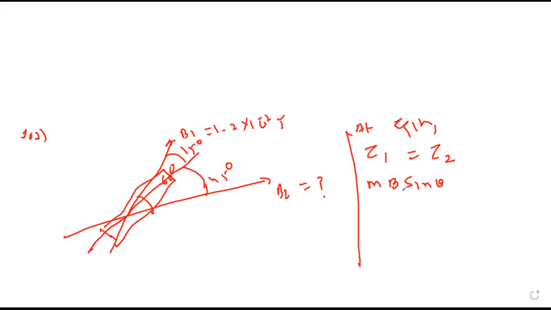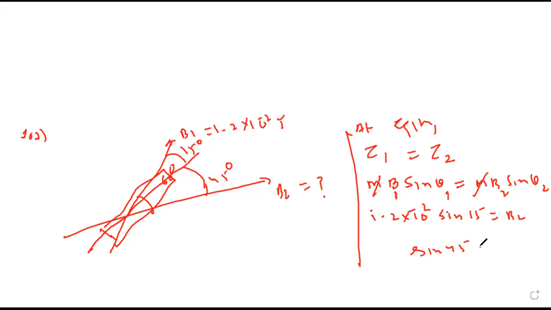Yes. और bar magnet mB sin theta, m same, ये B1, ये theta हो गया. दूसरे वाले का same m, same, B2 into sin theta 2. m is cancel from both sides. B1 is 1.2 into 10 raised to minus 2, sine of theta 1 is 15, B2 we have to find, into sine of 45. I hope you all followed this much.